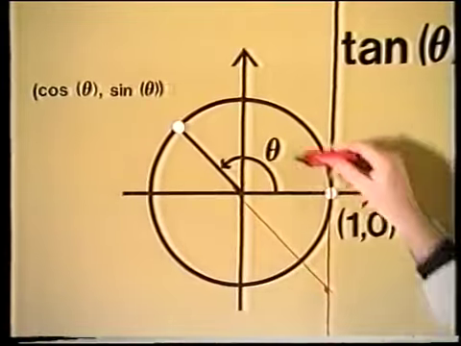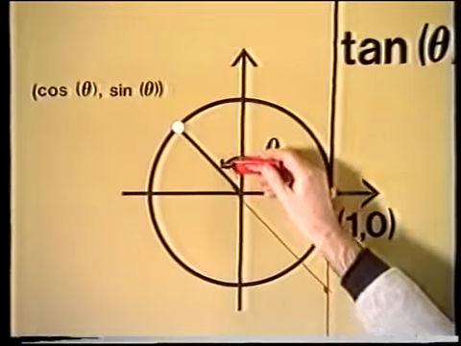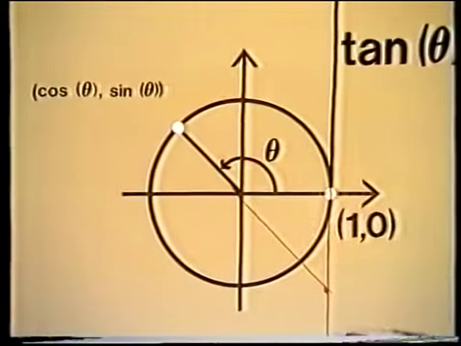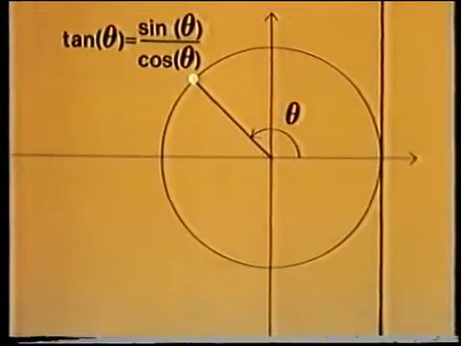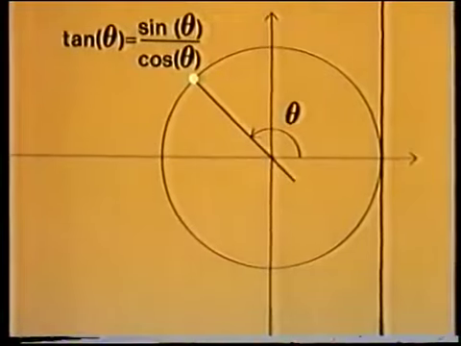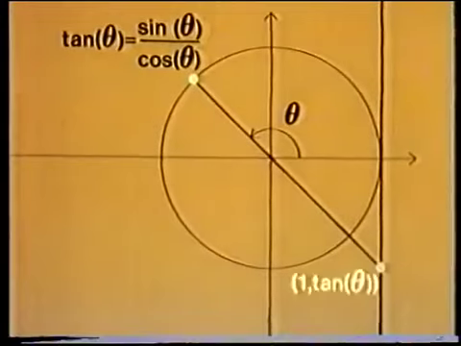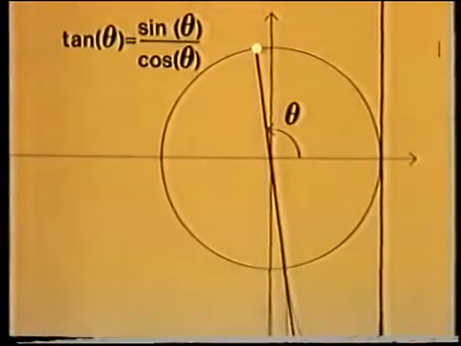So once again, we join the point and the origin, and we see where that line intersects the tangent to the circle. So for theta in this quadrant, we can find tan theta by extending the radius backwards so that it intersects the tangent again. Now we can continue plotting tan theta for theta up to pi.